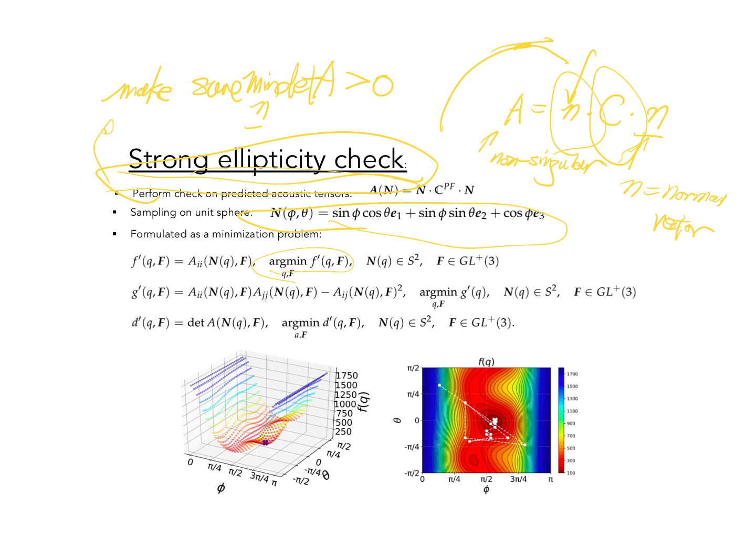With mathematical expressions. This last one is harder to enforce because you don't really have a mathematical expression for it. Another difficulty is that if you plot the landscape of the determinant of the acoustic tensor along the angle, along the normal vector, it usually has multiple minimizers, and you need to reach the global minimizer to find the true minimal acoustic tensor.